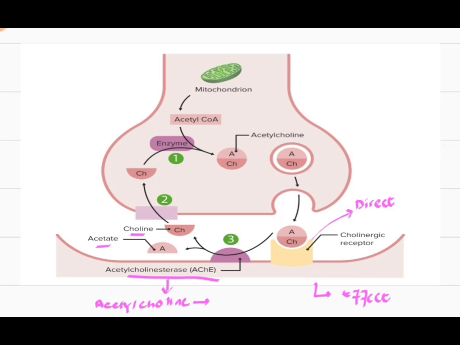So what actually happens is that the acetylcholinesterase inhibitors inhibit this enzyme, and in a way increase the concentration of acetylcholine in the nerve terminal, and as a result the parasympathomimetic effect is enhanced or augmented. So this is how both these kinds of drugs act as parasympathomimetic drugs.